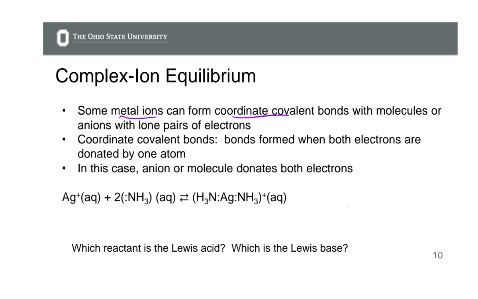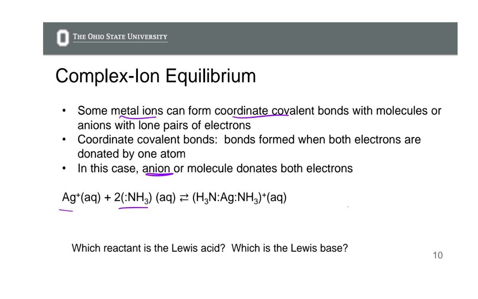So in the cases that we're going to be thinking about, we're going to see that anions are going to donate the electrons to the cations. And so we're often going to see a metal cation whose solubility is increased by adding a molecule that it can react with and form this complex ion.